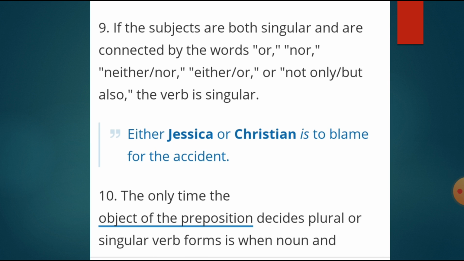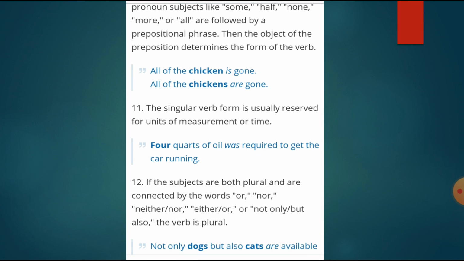Rule number 10. The only time the object of the preposition decides plural or singular verb form is when noun and pronoun subjects like some, none, more, or all are followed by a prepositional phrase. Then the object of the preposition determines the form of the verb. All of the chicken is gone.